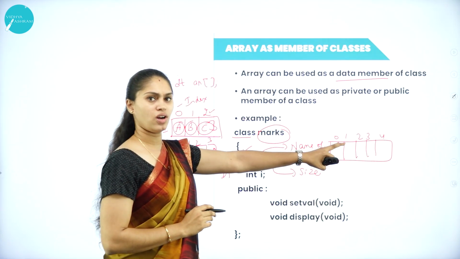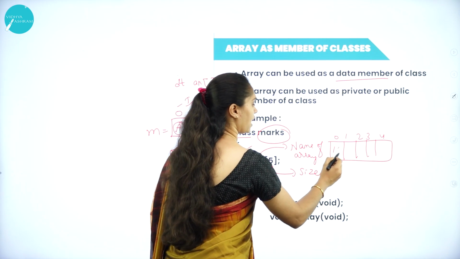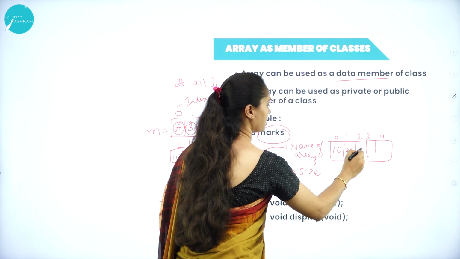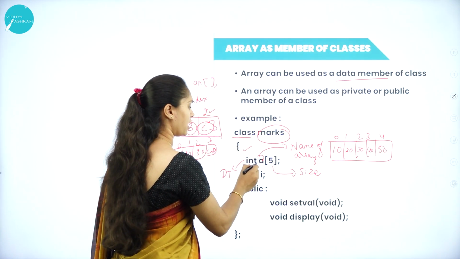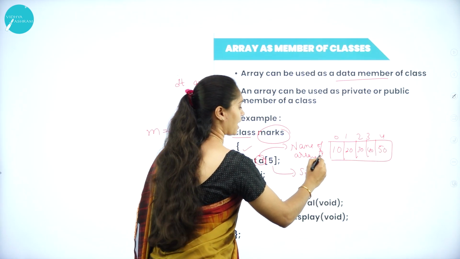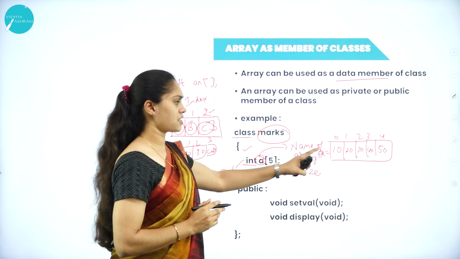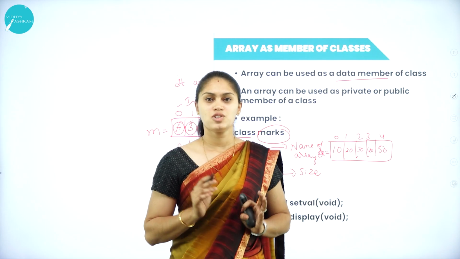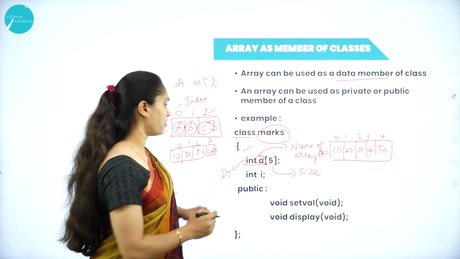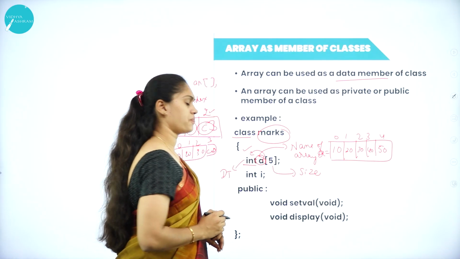The index starts from 0 and I can store the values like 10, 20, 30, 40 and then 50. What is the name of the array here? A. So I can call it A. A is equal to 10, 20, 30, 40 and 50. Okay, so this is going to hold data of the data type integer.